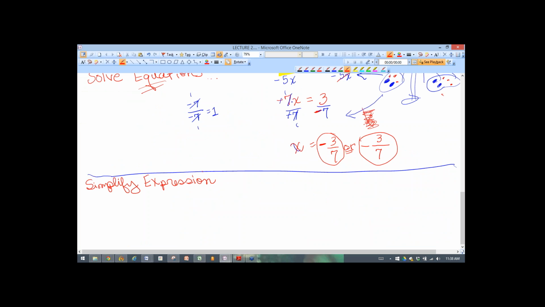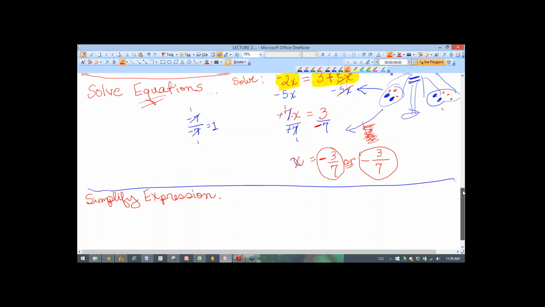Let me get this one out. Excuse me. Okay, here it is. Simplify this expression. Give me a sec. Sorry, guys.